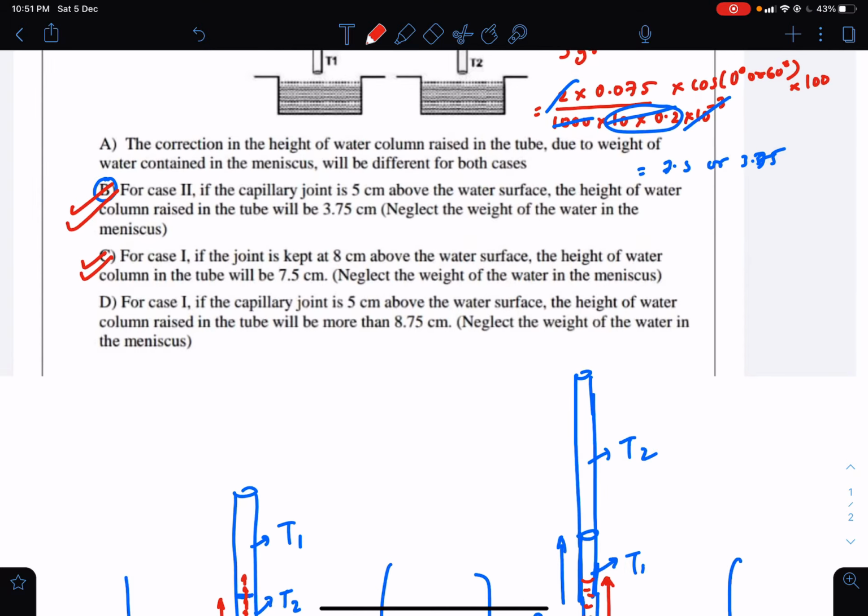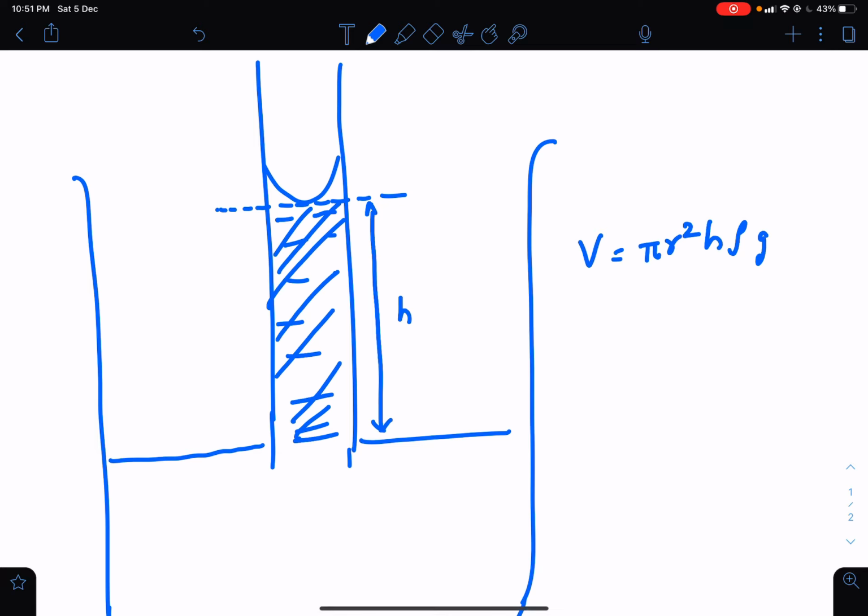And so the water in the tube is having the volume of pi r square h, I mean mass will be pi r square h rho.